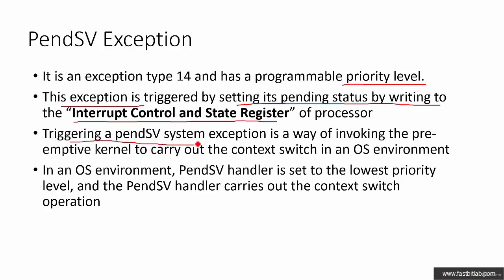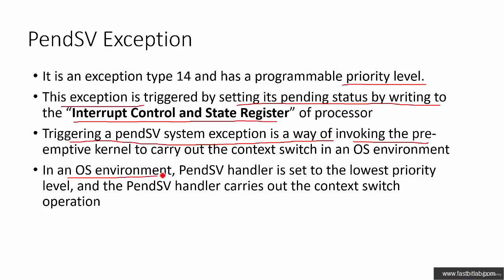Triggering a PendSV system exception is a way of invoking the preemptive kernel to carry out the context switch in an OS environment. That's a major use case of the PendSV. If you are using some standalone application without any kernel or scheduling things, then you need not use this exception. Majorly, it is used in an OS environment.